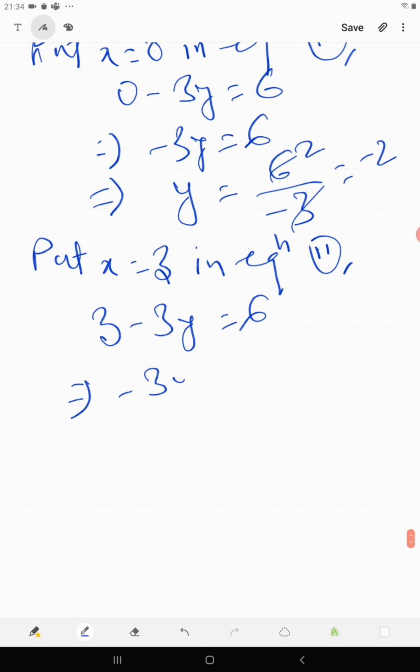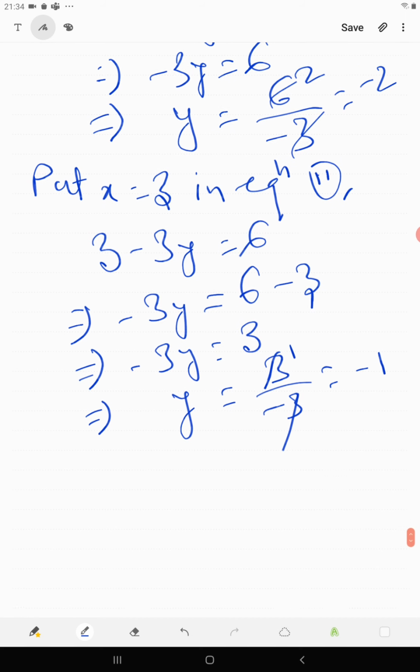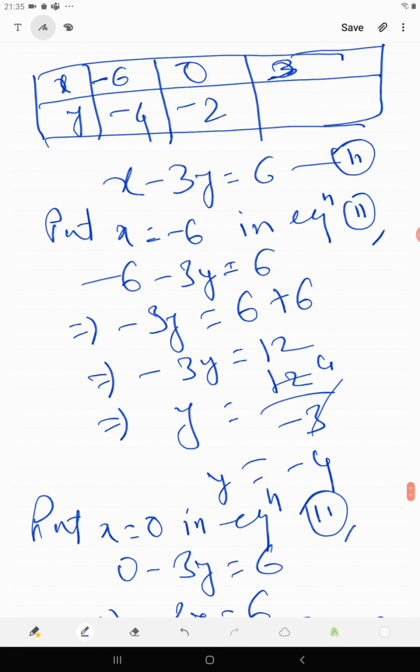I will be left with minus 3y in the left. 3 is positive in the left hand side, so when it goes to the right hand side, it will become minus 3. So minus 3y equals 6 minus 3, which is 3. So y equals 3 by minus 3, because minus 3 is multiplied with y, so when we bring it to the right hand side, it will be the division. 3 1s are 3, so we get 1 by minus 1, that is minus 1. So we got y as minus 1 over here.